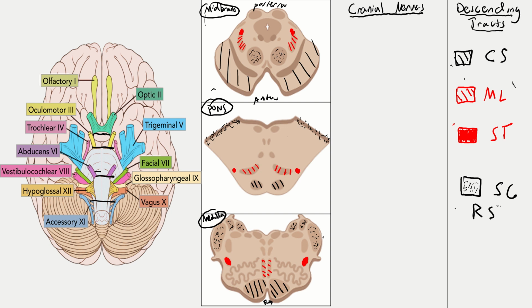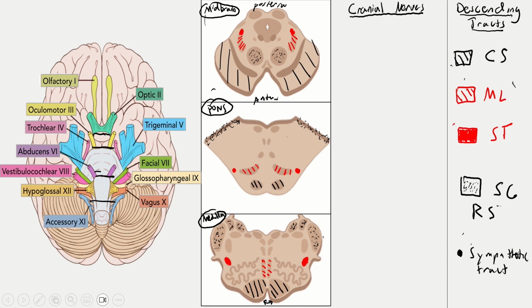One that I'm not going to actually label, but just know that it is on the lateral portion, is going to be your sympathetic tract. So if you get a disruption of your sympathetic tract, this can give you ipsilateral Horner syndrome. So that's ptosis, anhidrosis on that side of the face, as well as a very small miotic pupil from disruption of sympathetic innervation.